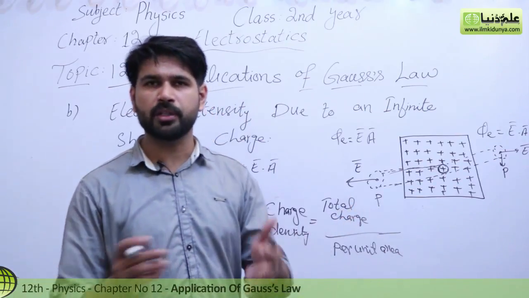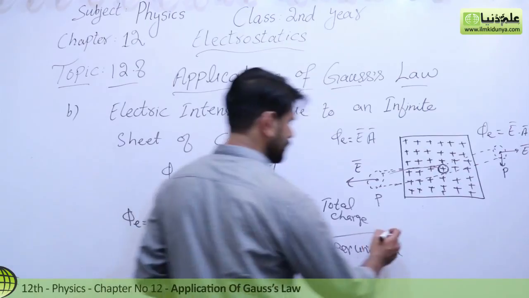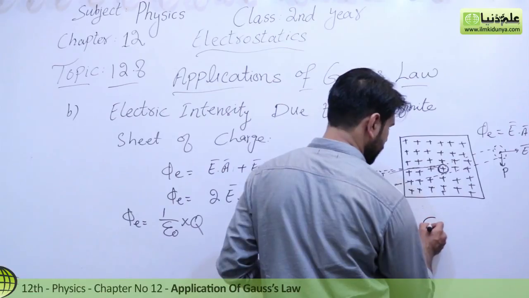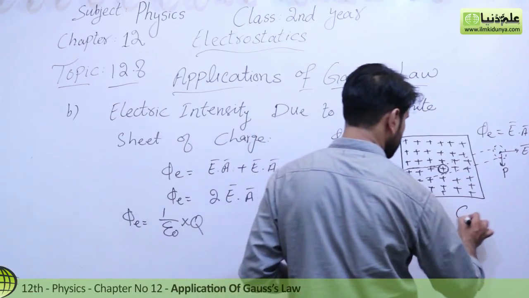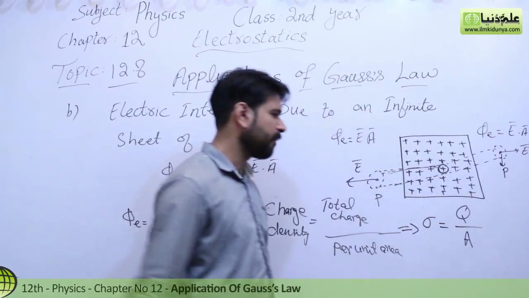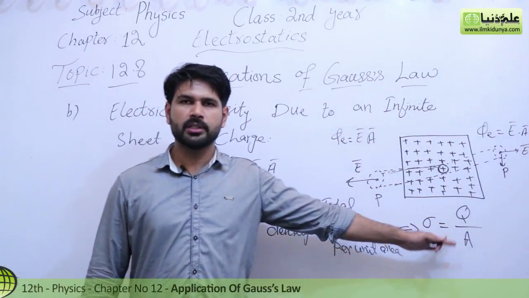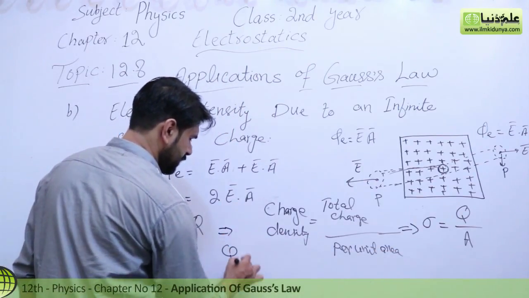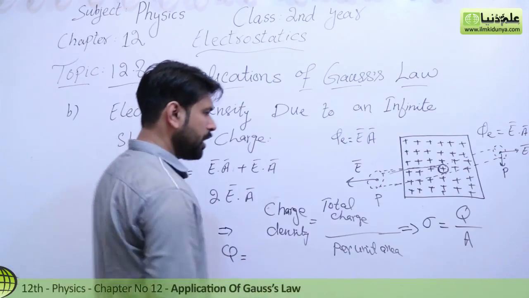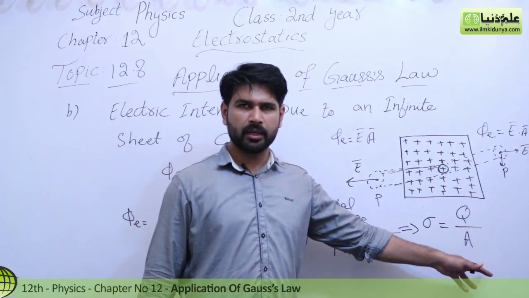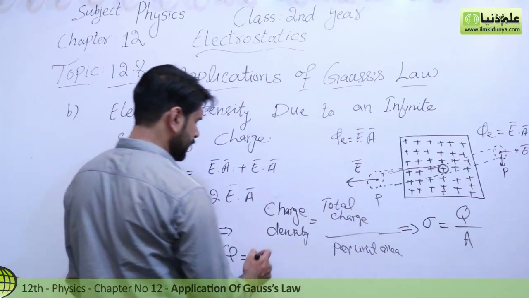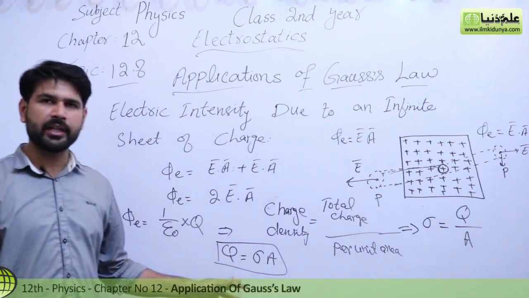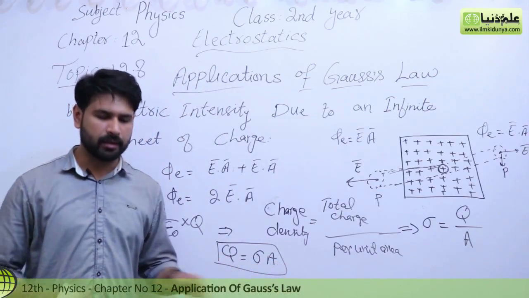The charge density is usually represented by sigma, the total charge is Q, and the unit area is A. By rearranging sigma equals Q over A, taking A to the other side, we get Q equals sigma times A.